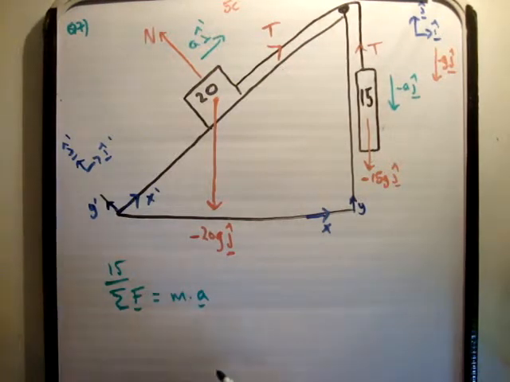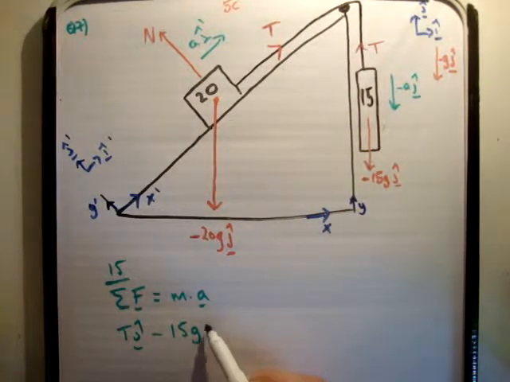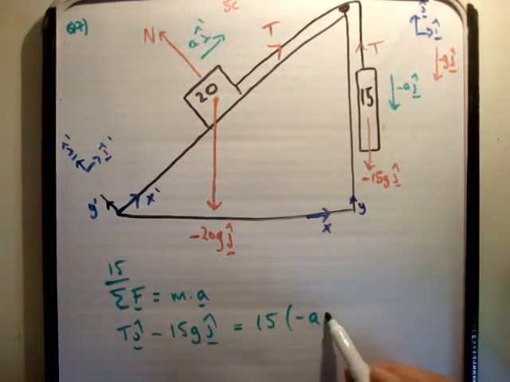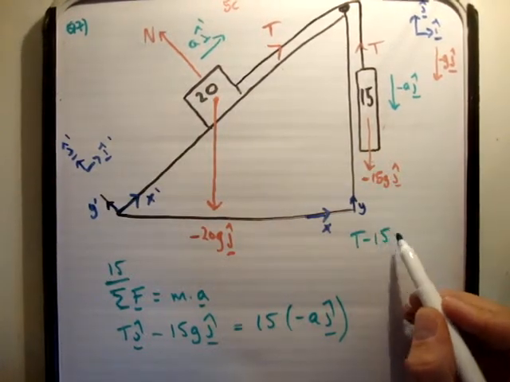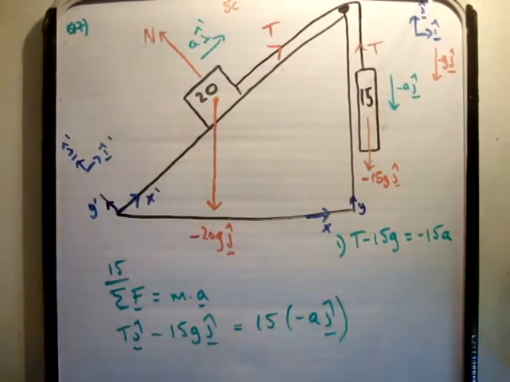Alright, so let's just go ahead and do this. So I'm going to say it's T j hat minus 15g j hat. That's going to be equal to the mass, which is 15, times negative a j hat. So what we can say is that T minus 15g is equal to negative 15a. I call that equation 1.